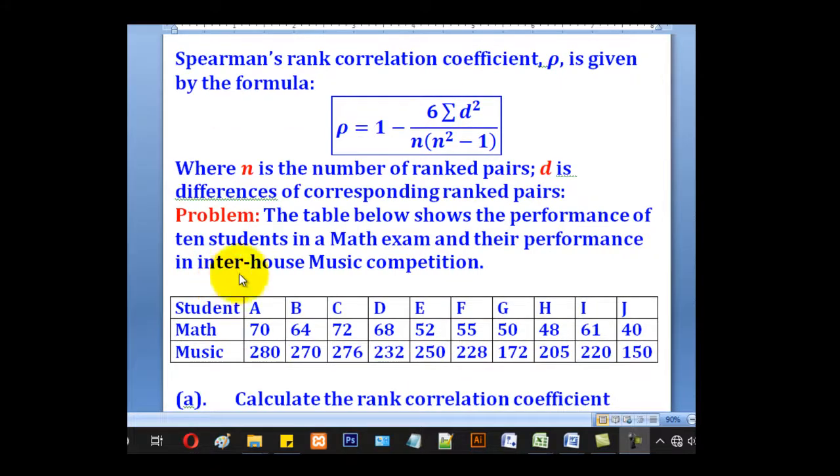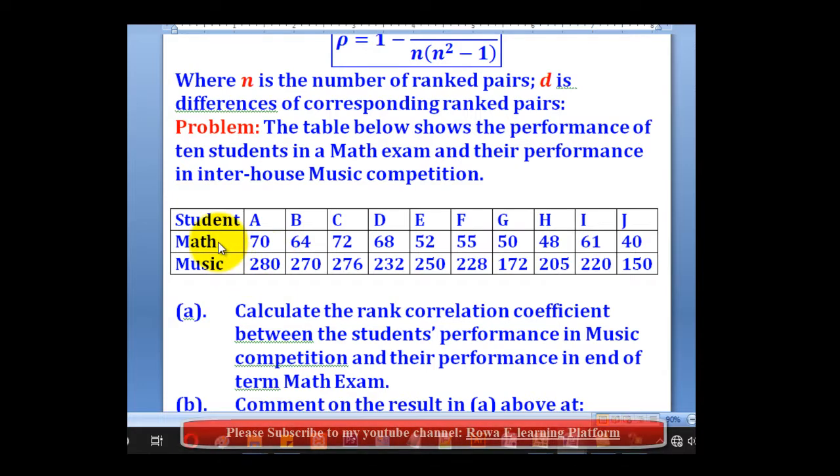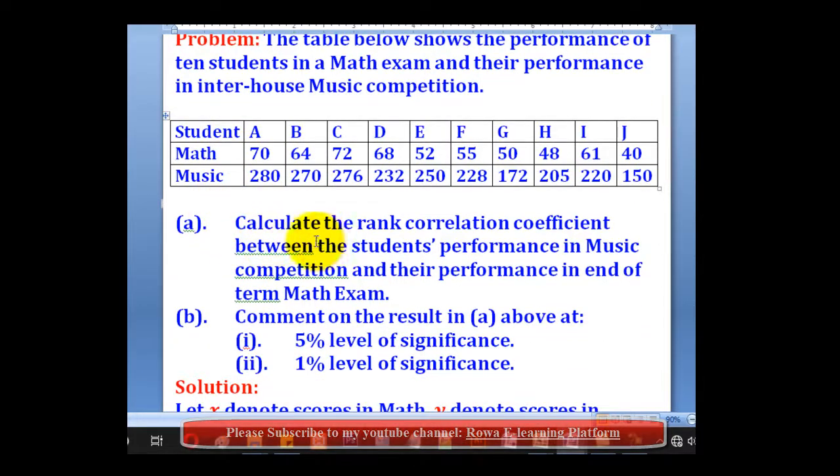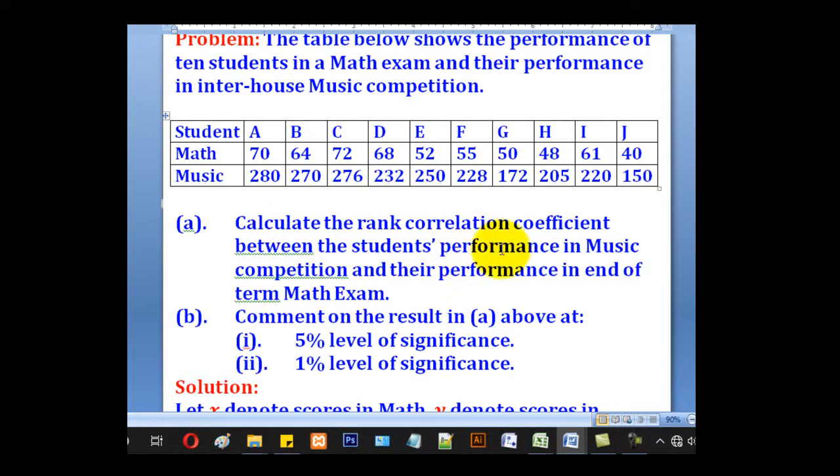So we shall have this problem. The table below shows the performance of 10 students in a math exam and their performance in an inter-house music competition. We have math, this is their performance, music, this is their performance, and these are the students, A, B, C up to J. They want us to calculate the rank correlation coefficient between the students' performance in the music competition and their performance in the end of term math exam.